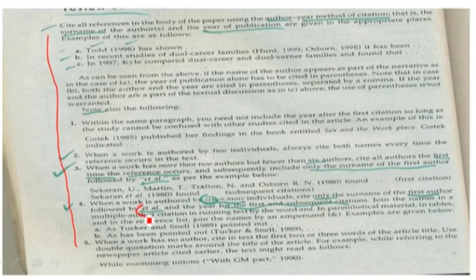Then there is another method in which you use et al. Instead of writing all of the authors' names, you say et al., indicating the first author.